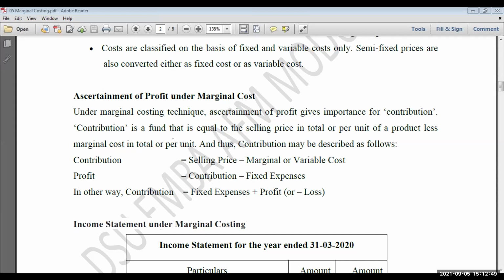Contribution can be for total also. To produce 1 lakh units, you are spending 15 lakhs as variable cost. 1 lakh units were sold for 25 lakhs. So what is the contribution in total? Sales is 25 lakhs. Variable cost is 15 lakhs. What is the amount of contribution?